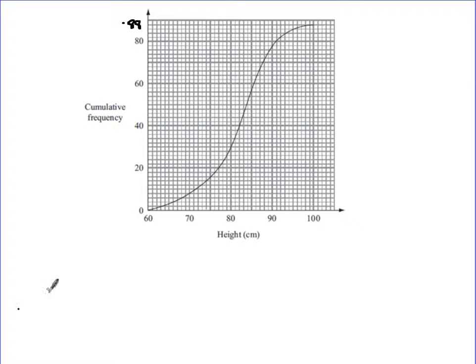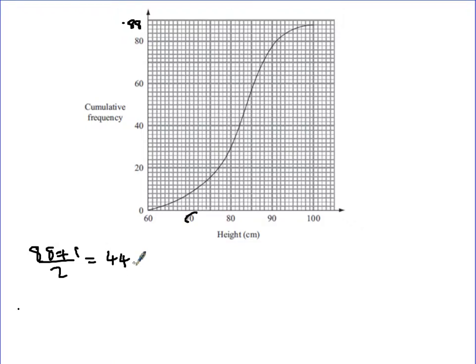is going to be about halfway from this point. So if we get 88 and add 1 and halve it, that'll give us 44.5.